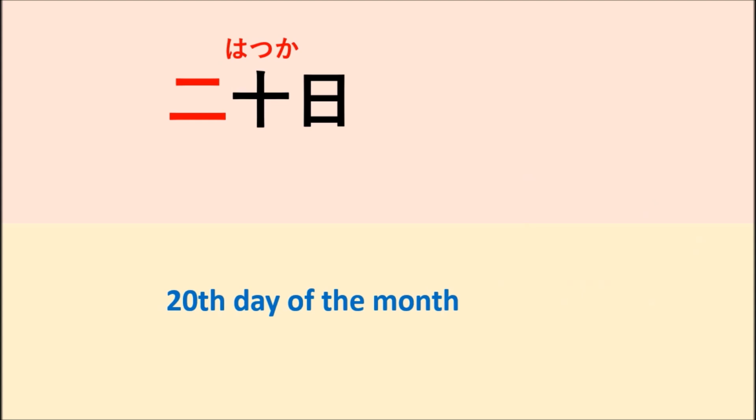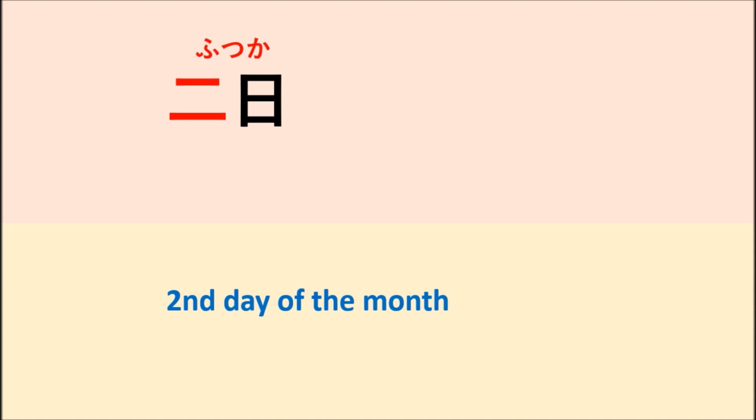So when we use ni, ju, nichi, it means 20日, 20. But in Japanese, they don't say it that way. They say 20日, which means the 20th day of the month. So the special sound reading you have to remember only.